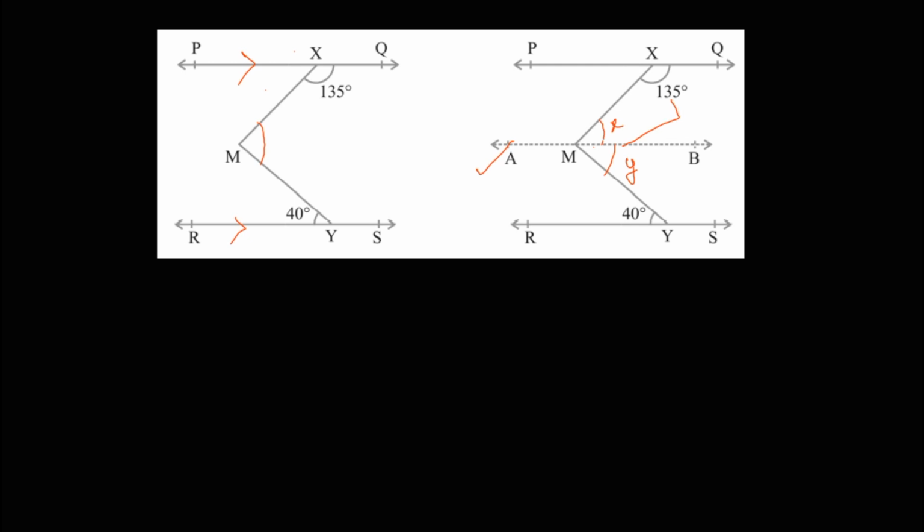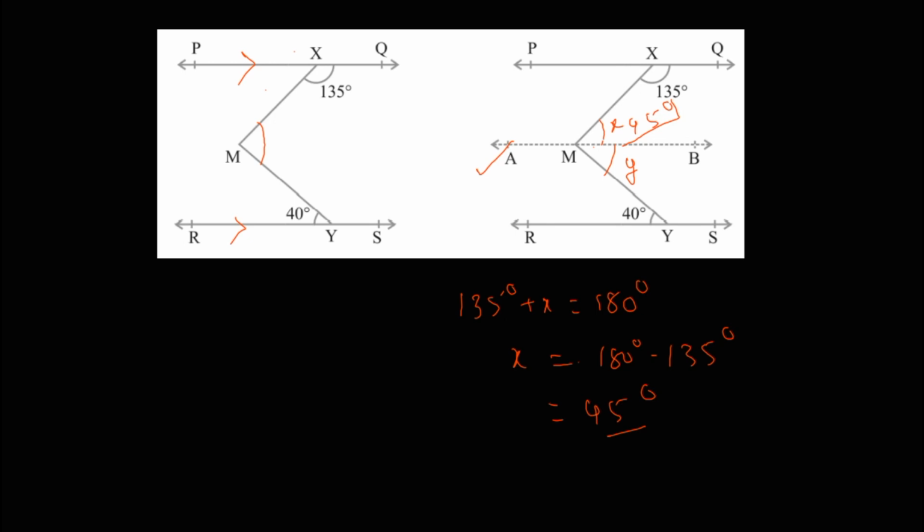That means 135 degrees plus X is equal to 180 degrees. That will give you the value of X as 180 degrees minus 135, which will be 45. So this angle will be calculated as 45 degrees.